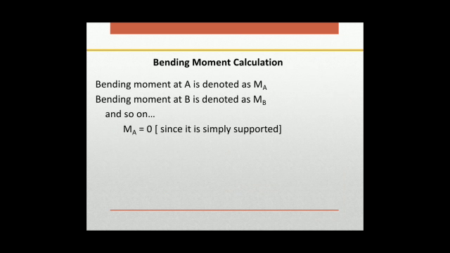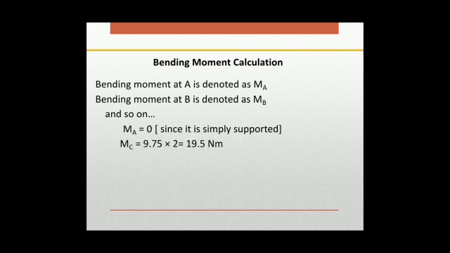Bending moment calculation. Bending moment at A is denoted as MA and bending moment at B is denoted as MB. So, MA is equal to 0 due to simply supported.